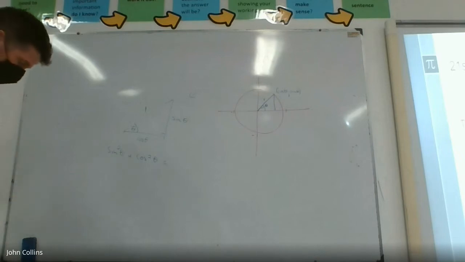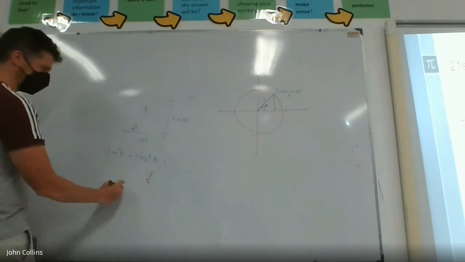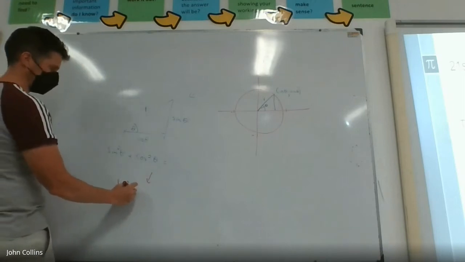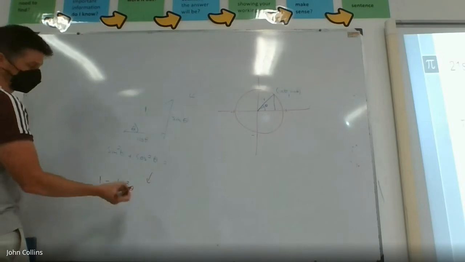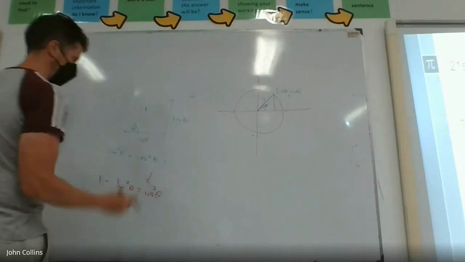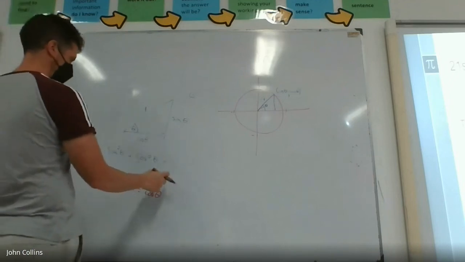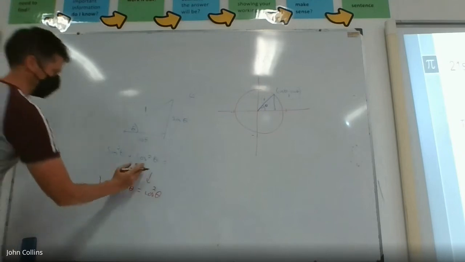And then there's a couple that you can very quickly glean off this. Sine squared theta equals 1 minus cosine squared theta. Is that right? Oh, I might have got sine wrong. Other way around.